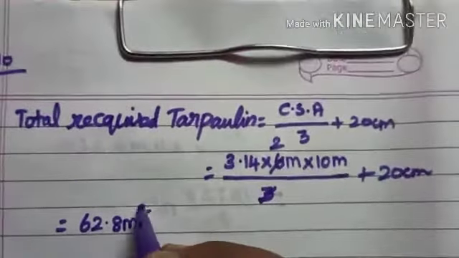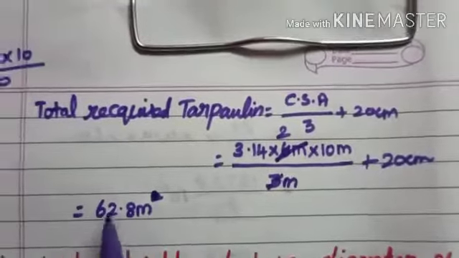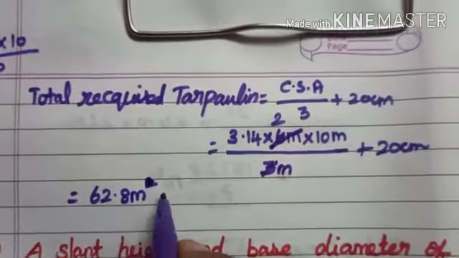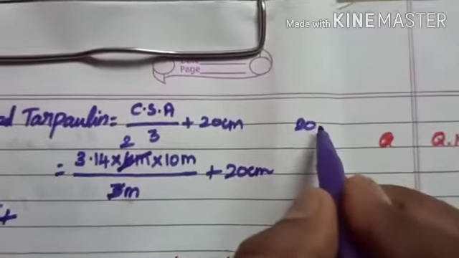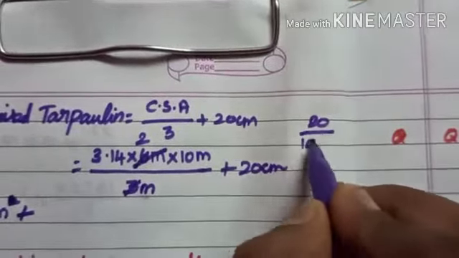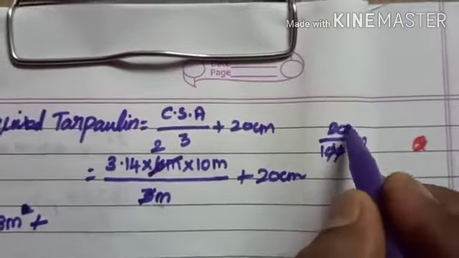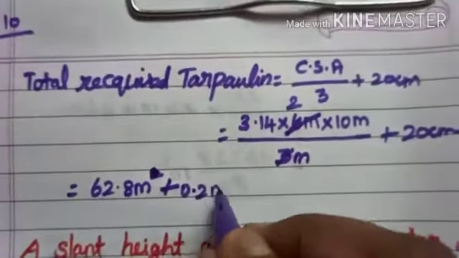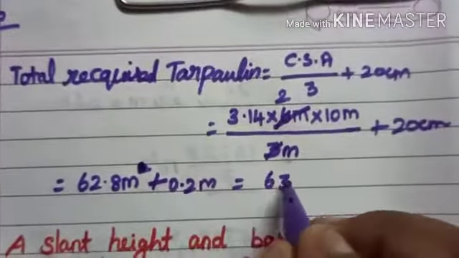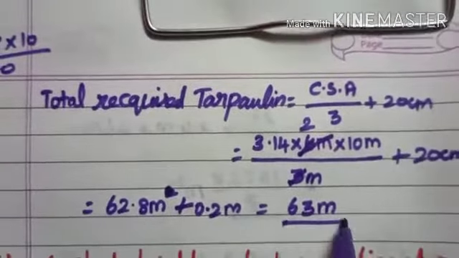Sorry, it is meter, because the 3 meter width cancels one meter from the square meter. So 62.8 meter plus 20 centimeter. Divide 20 centimeter by 100 to change it to meter, so it becomes 0.2 meter, which gives 63 meters. So the total required tarpaulin is 63 meter.